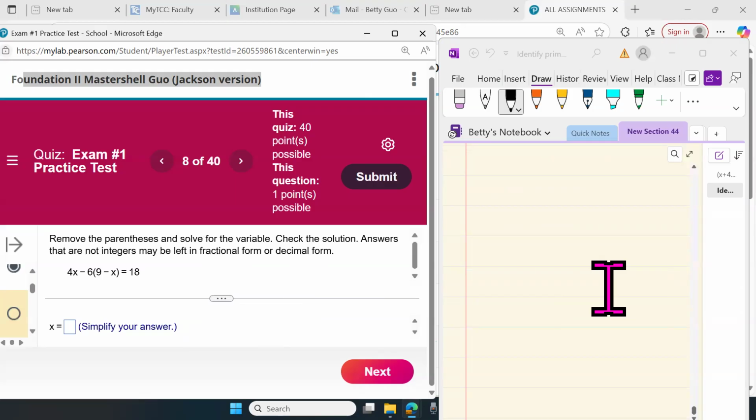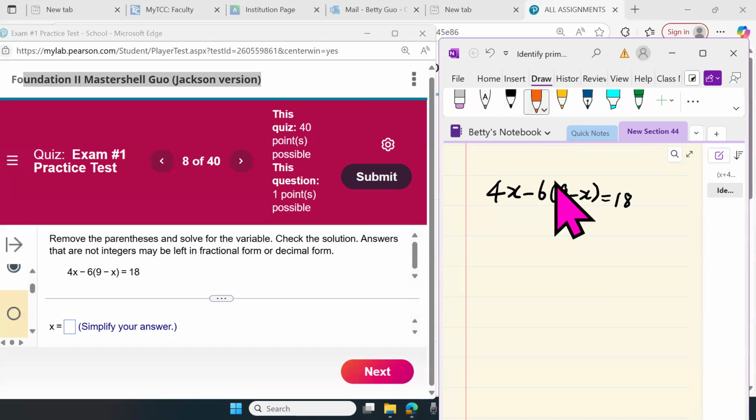Let's solve this equation. 4x minus 6 times the parentheses 9 minus x, close the parentheses, equals 18. Always double check. You can see how often we apply the distributive property.